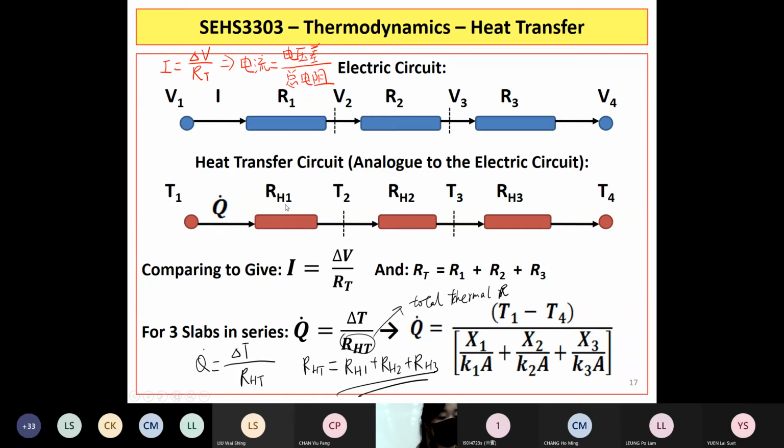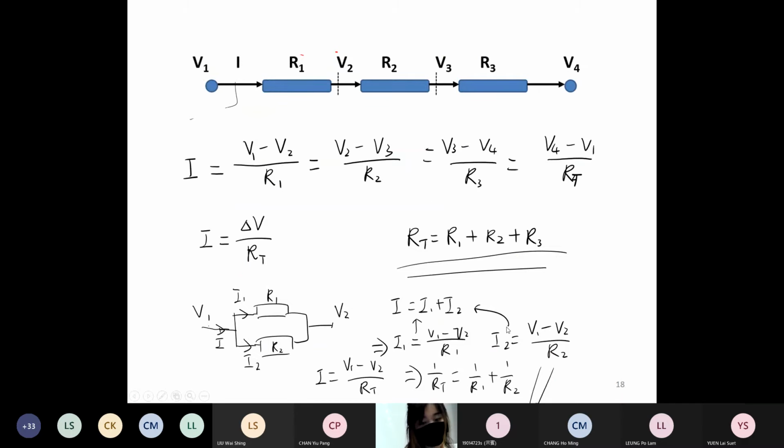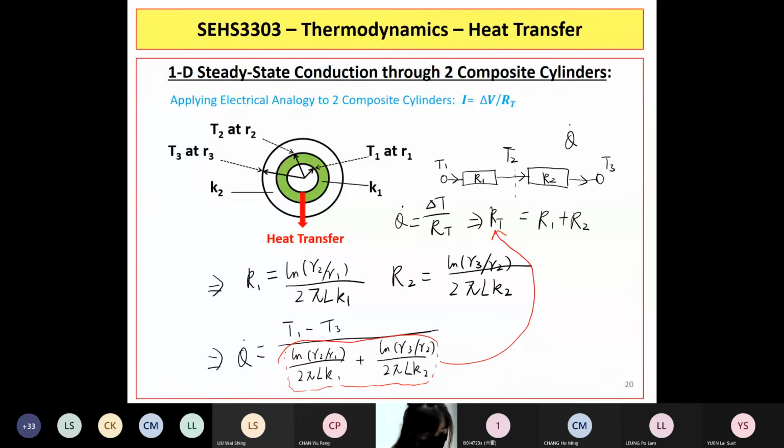That is, we assume we have thermal resistors in series or in parallel, so that we can use a similar way to calculate the total thermal resistor. So please recall your distant memory of Ohm's law. Please recall your memory.